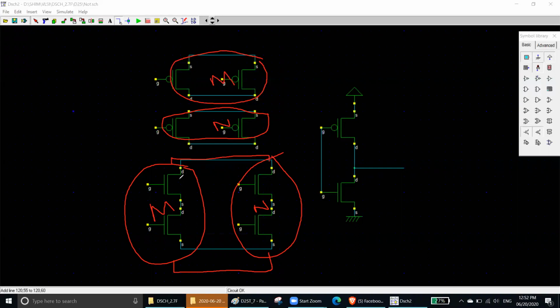So see, M and N, they are parallel. Here, M and N should be what? Yes. Should be series, and they should be connected, right? From the middle, we should take our output.